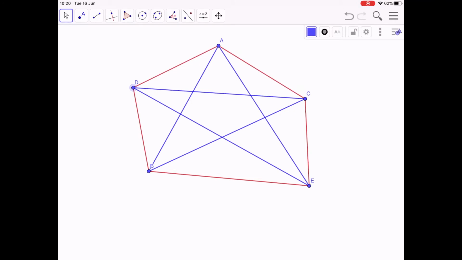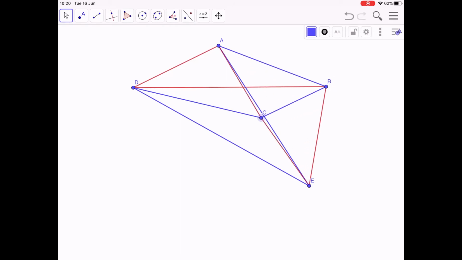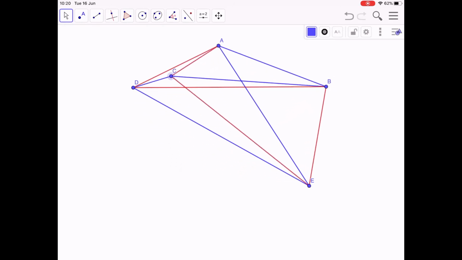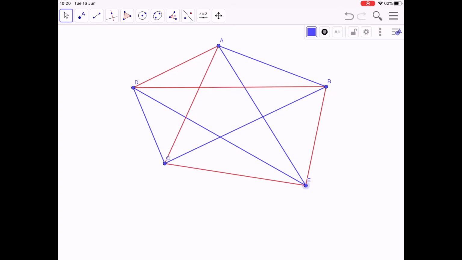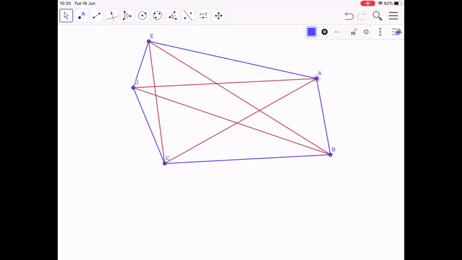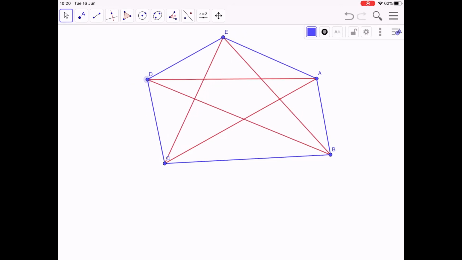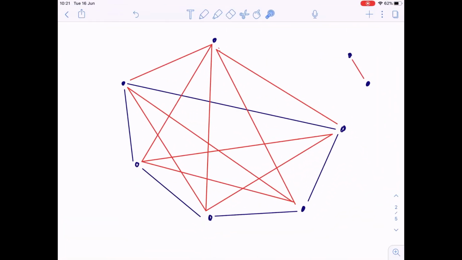So at the moment I've got a red border, but if I wanted to make it a blue border, we can just move this over here. Will that work? There we are. Something along those lines. You can see I've now got a blue border. So by just shuffling around those nodes, it's the same diagram.